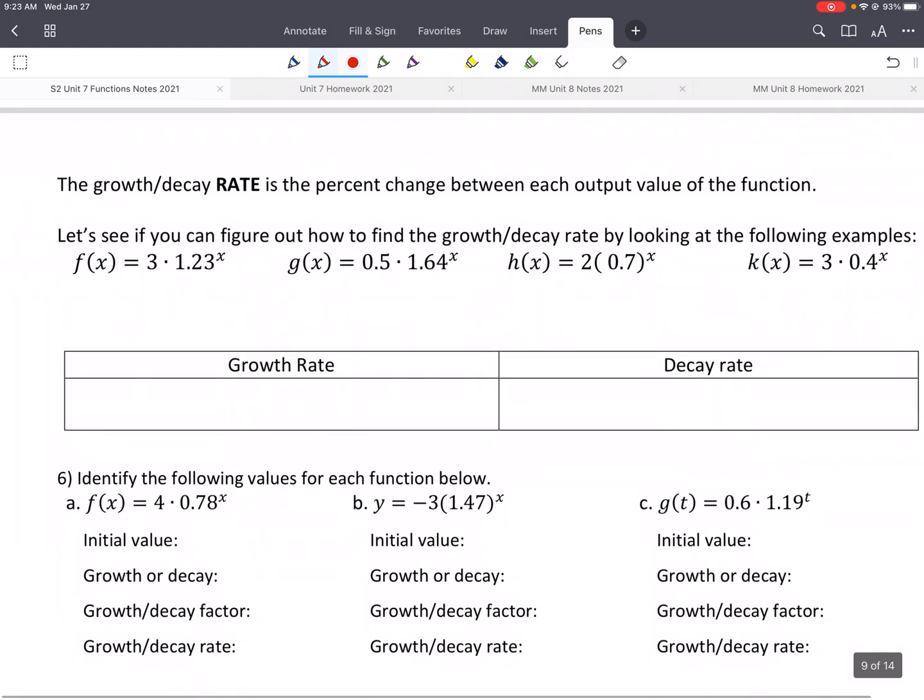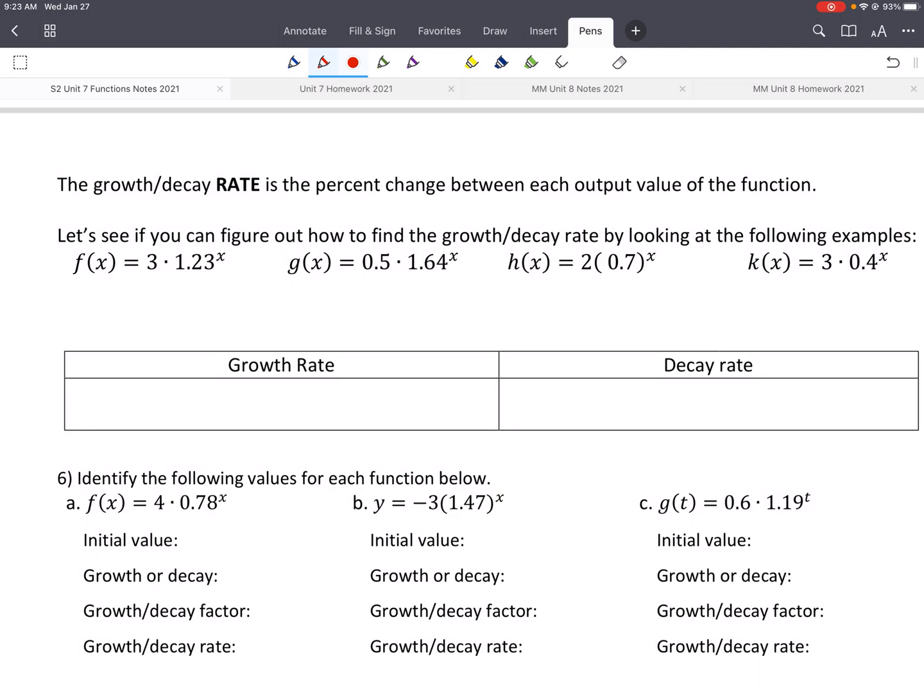All right. Now let's talk about growth and decay rate. The growth or decay rate is the percent change between each output value of the function. So let's see if we can figure out how we can come up with that.